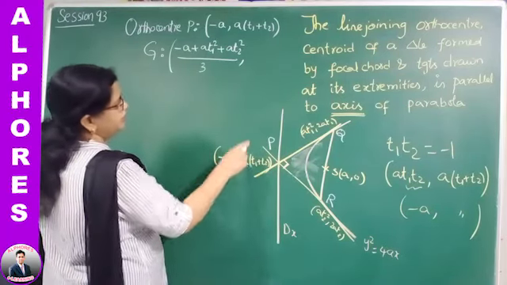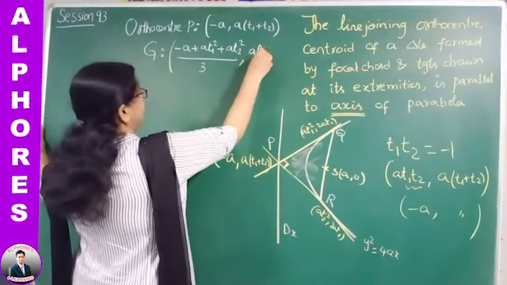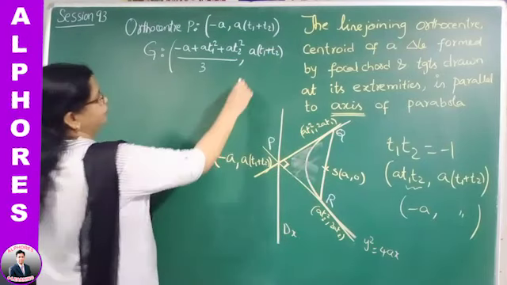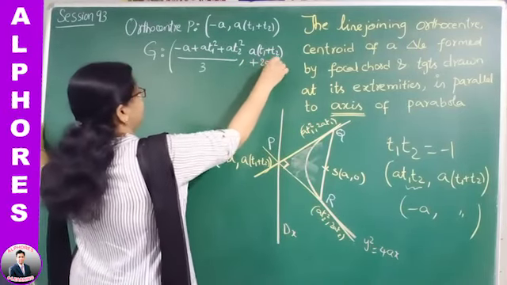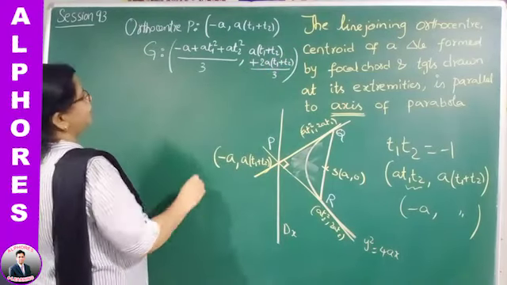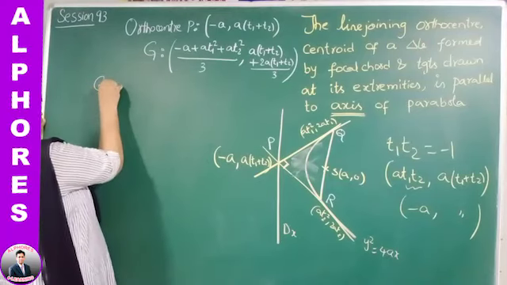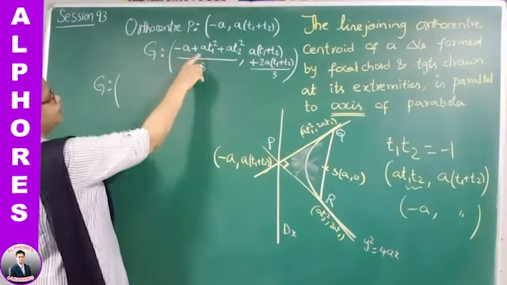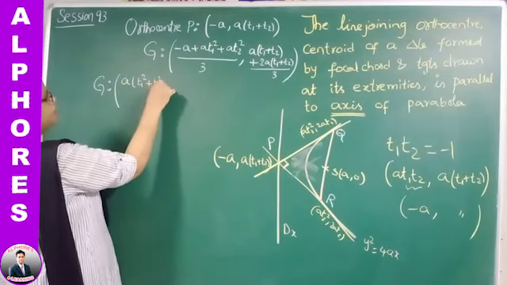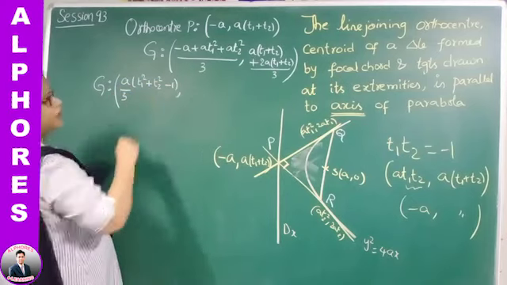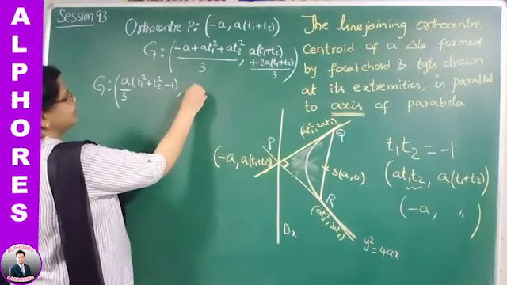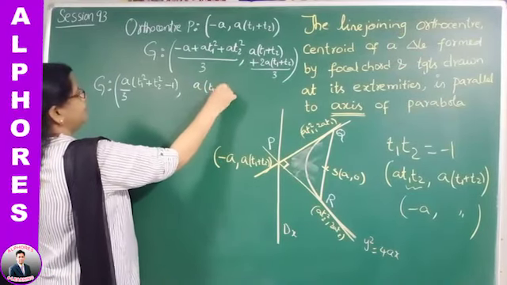Then the value is a into T1 plus T2, plus 2a into T1 plus T2, divided by 3. So the centroid is, in the first coordinate without simplifying, a into T1 square plus T2 square minus 1 divided by 3, comma, 2 times and 1 time, therefore 3 times, hence a into T1 plus T2.